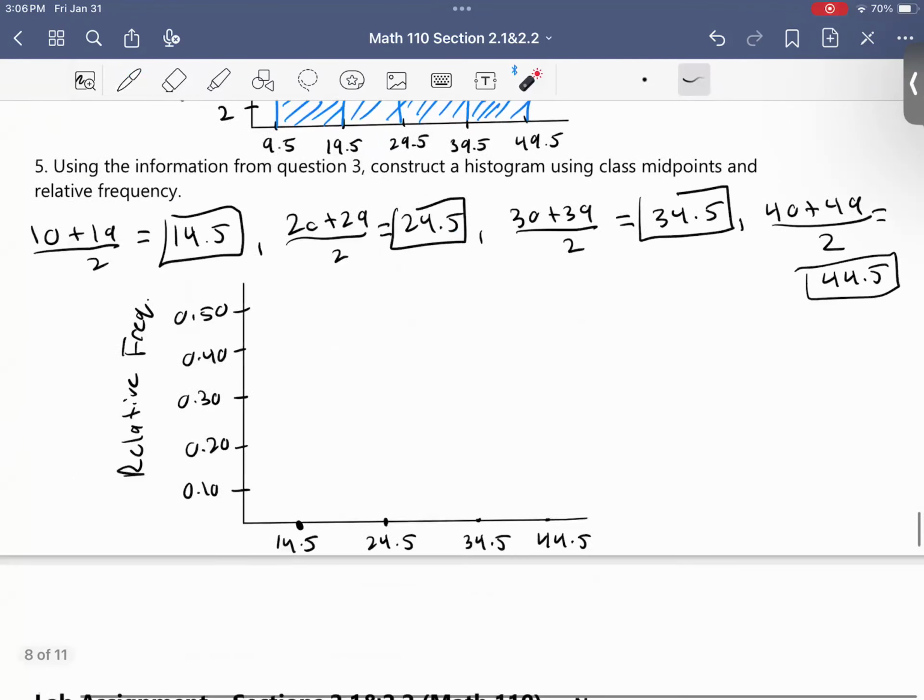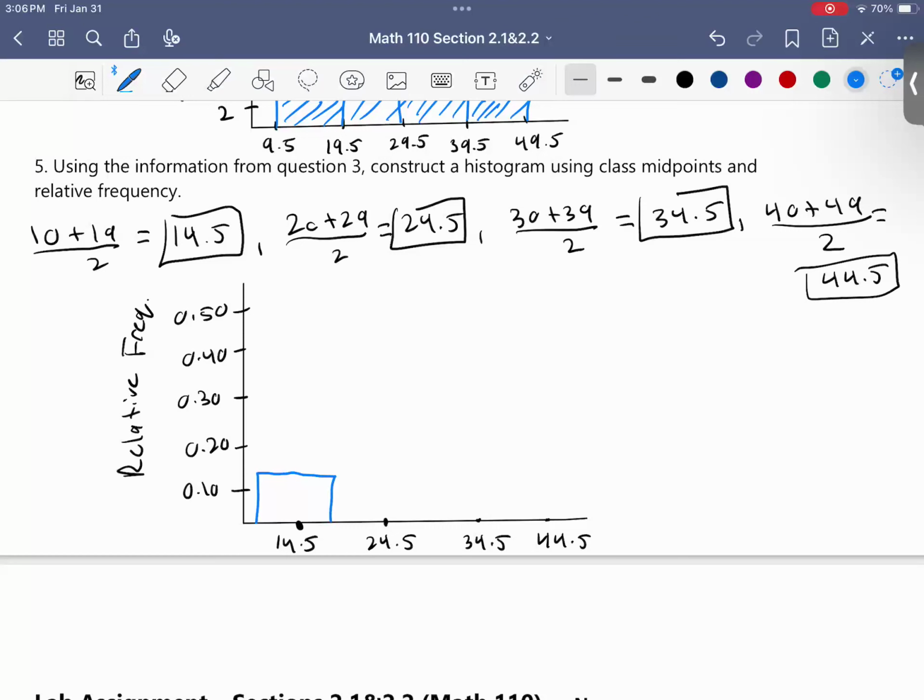So let's go ahead and sketch that out. And the midpoint is going to go in the middle. That's how the midpoint works. Next is 0.50. So we're going to go all the way up here. The midpoint is in the middle. Next is 0.23.